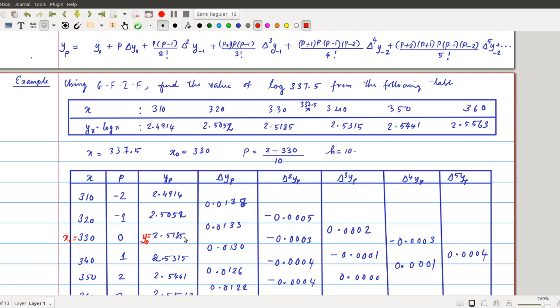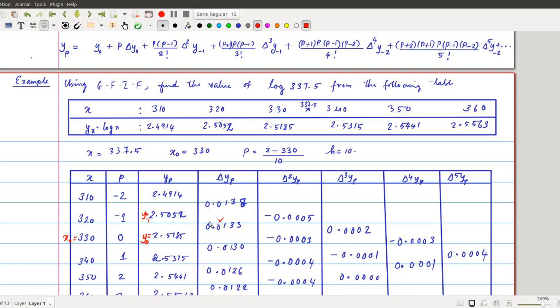Now we need to get the second term. We need to get delta square y minus 1. This is our y minus 1, and delta y minus 1 can be obtained from this minus this.